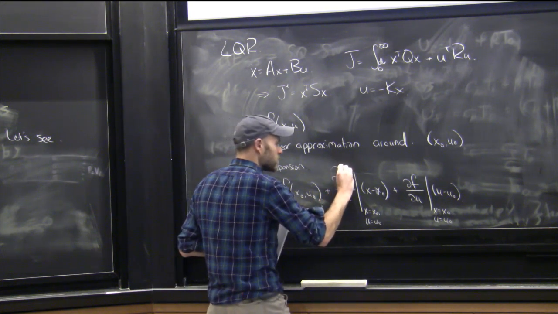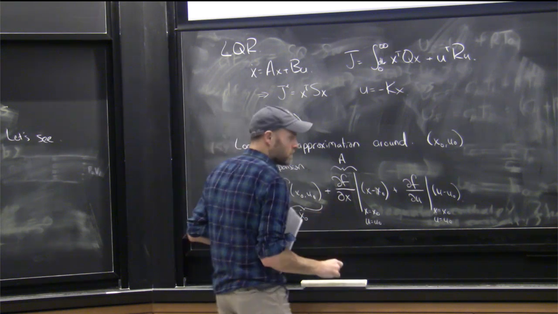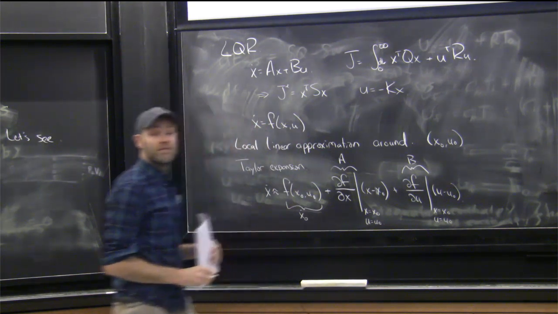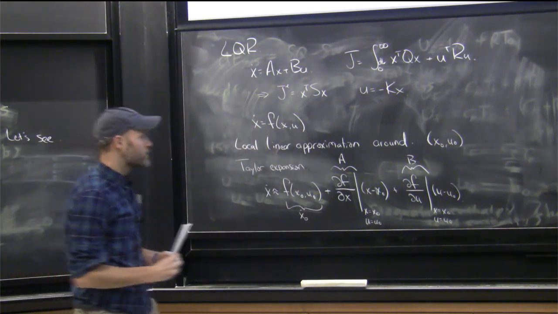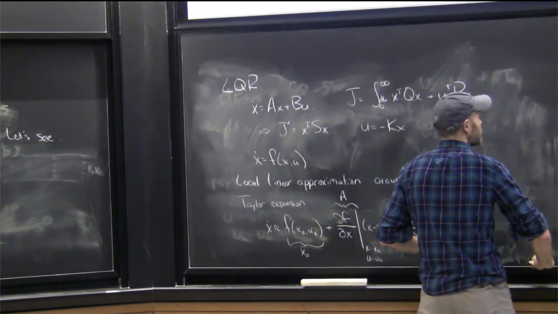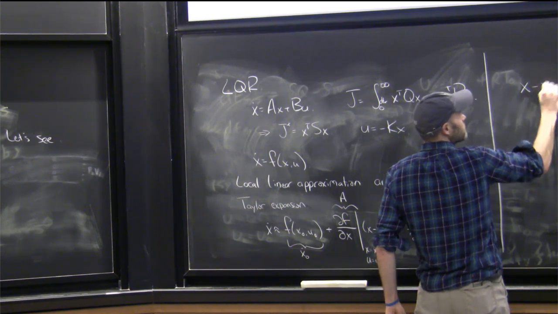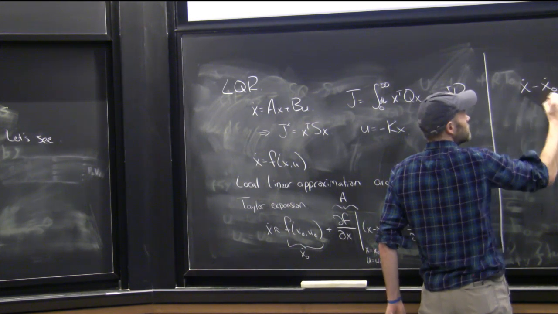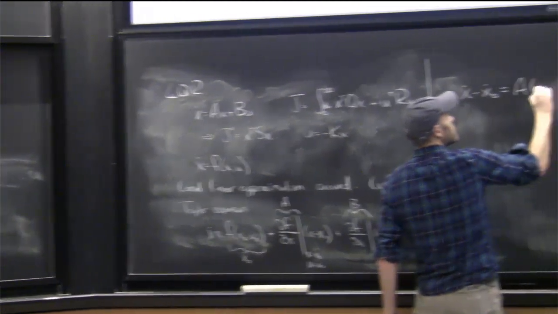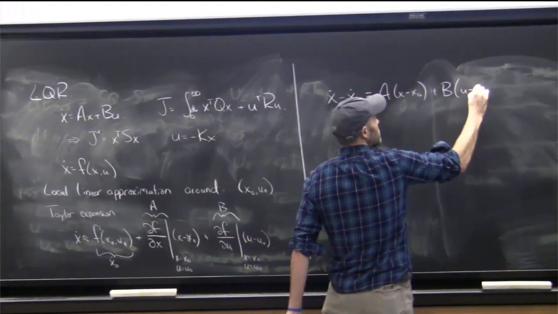Let me call this matrix A, and this one B. And so what I have here is the equation (x minus x0) dot equals A (x minus x0) plus B (u minus u0).